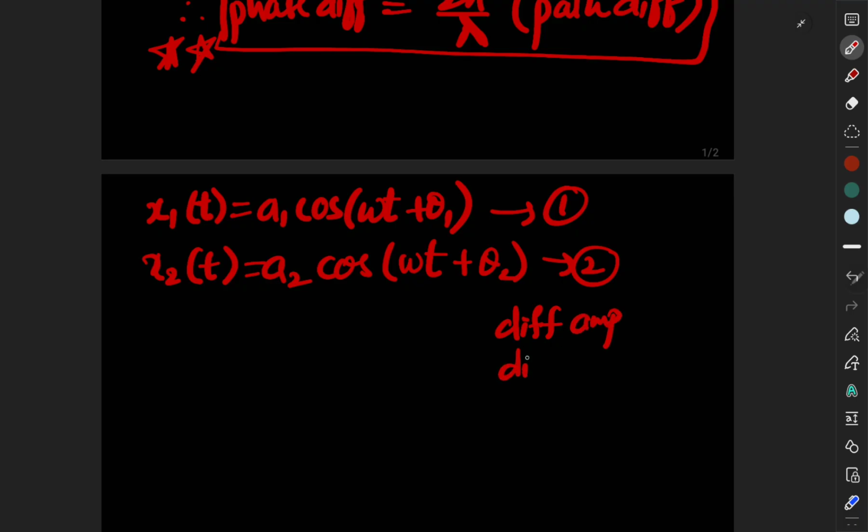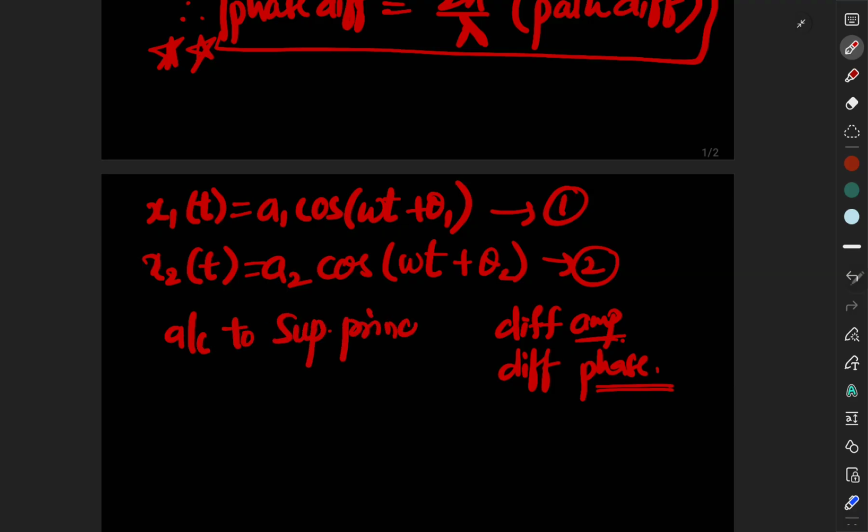Okay, and different phases. Phase differences not constant or zero. Okay, phase difference is varying, amplitude is varying, but they are moving in the same direction. So according to superposition principle, what do we know?